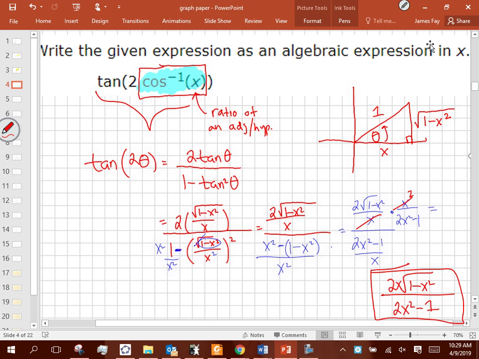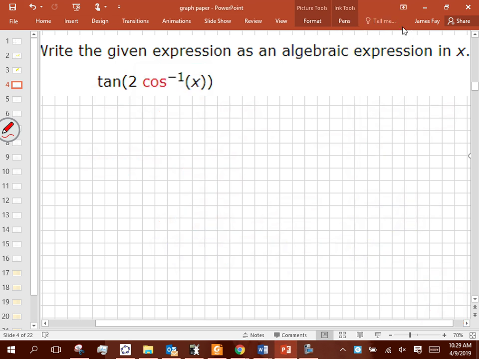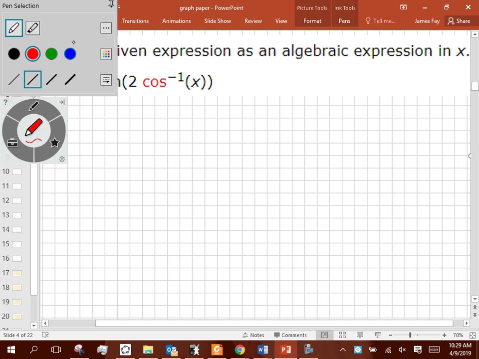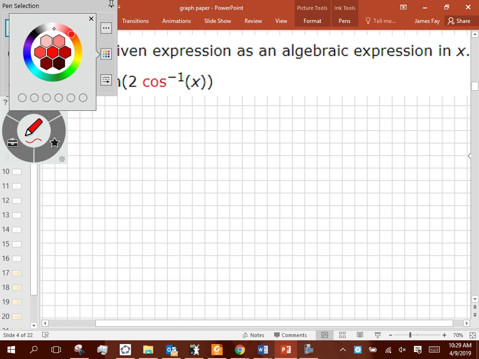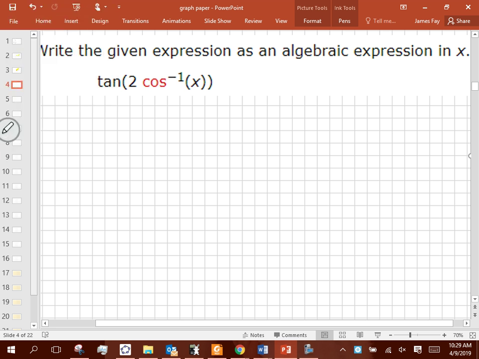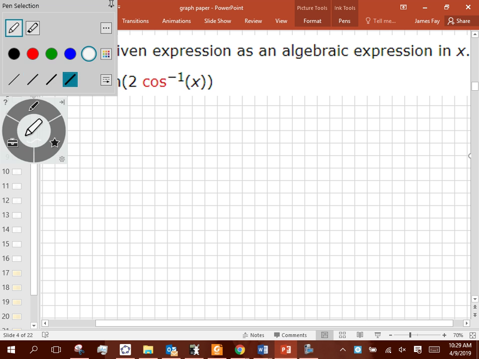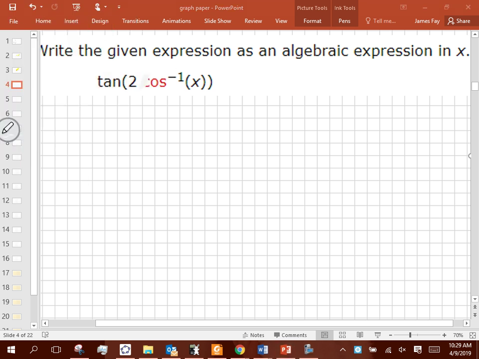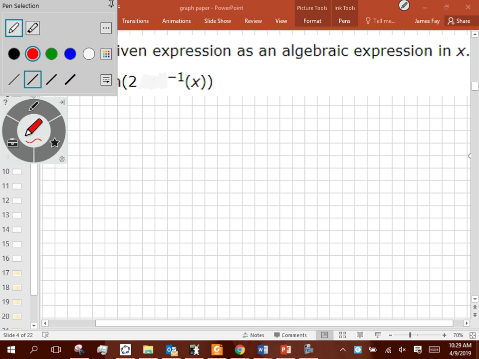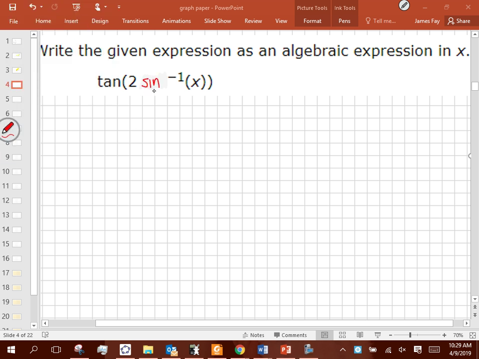Some of you, so last class, this was a sine. Anybody get the sine? So there's additive algebra when the sine is present. So let's just do an example where this thing here is sine inverse. Again, just working with that innermost function.